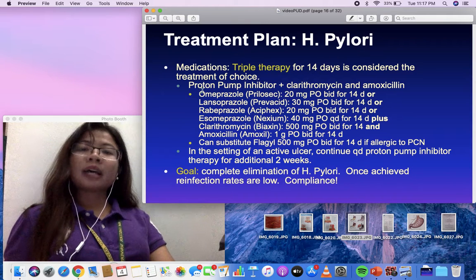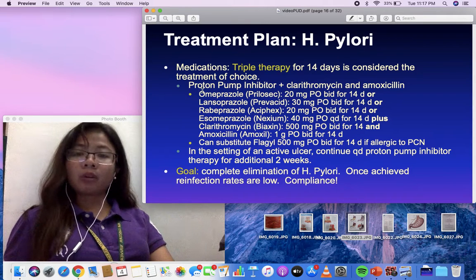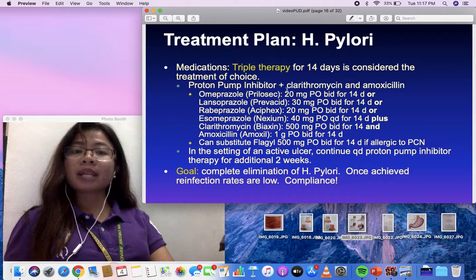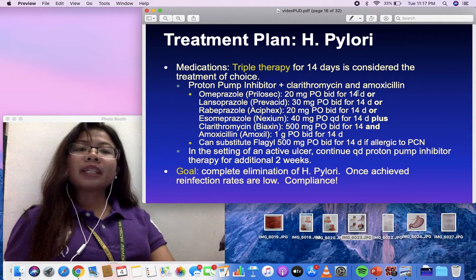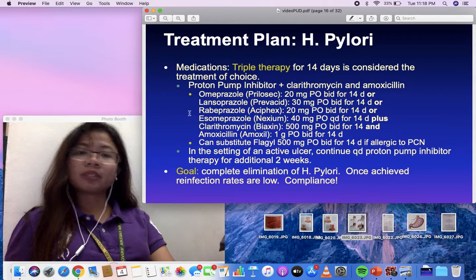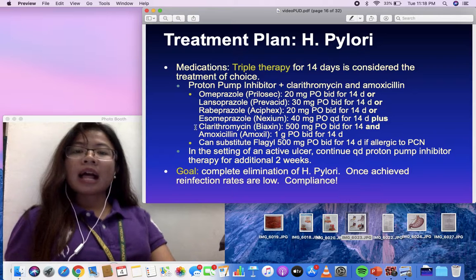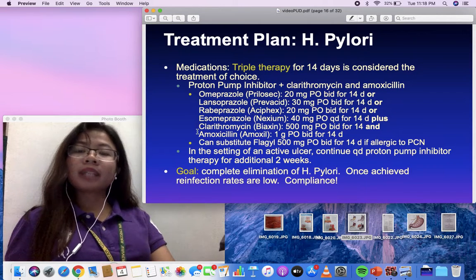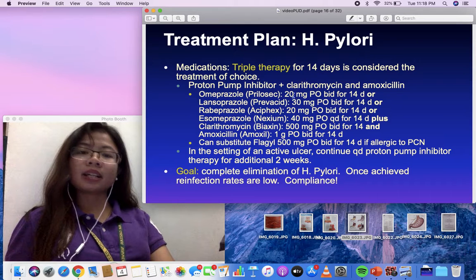Here, the PPI, or what we call the proton pump inhibitor, plus the clarithromycin and amoxicillin. Here are the sample medications: omeprazole, lansoprazole, rabeprazole, esomeprazole, clarithromycin, amoxicillin, and here are the dosage.